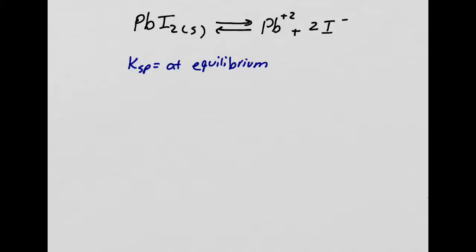Now, we want to know if the reaction is at equilibrium. To know if a reaction is at equilibrium or not, this is the same as when we were talking about any simple equilibrium. We have to figure out the Qsp, compare it to Ksp to figure out where we are in a reaction.